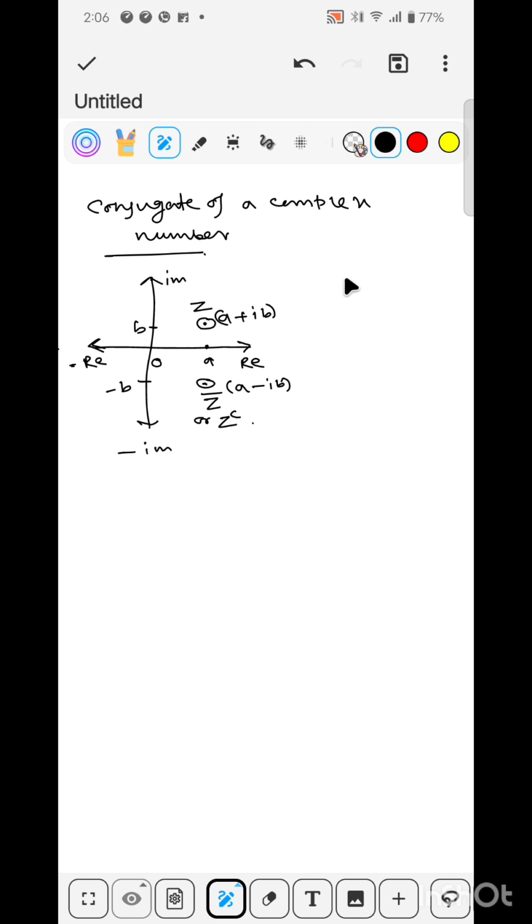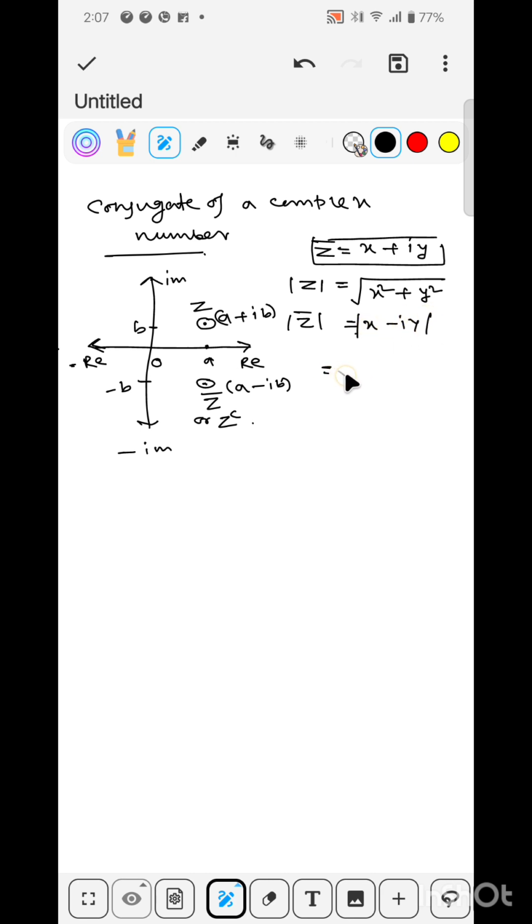Now we see some properties. z is equal to x plus iy. Then if z is x plus iy, then mod z is equal to root over of x square plus y square, as the imaginary part is y. Now we calculate z bar. z bar means modulus of x minus iy.